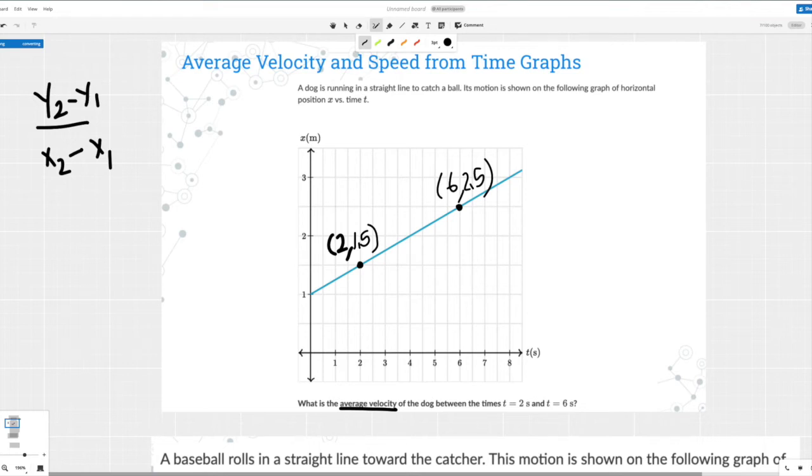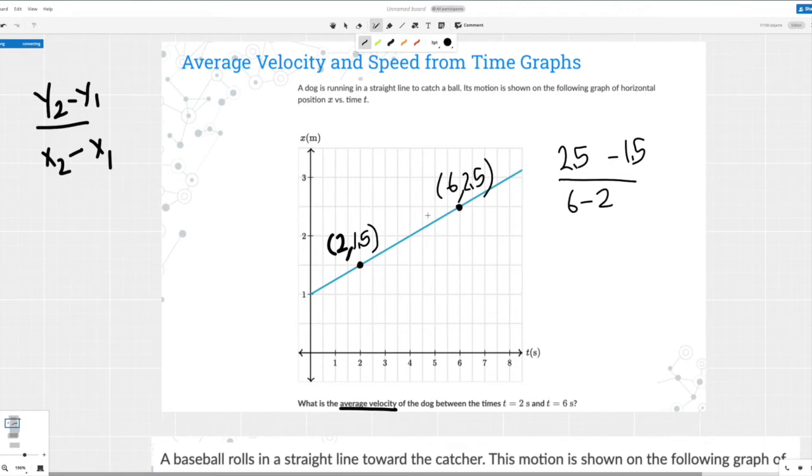So you're going to be figuring that out. y2 is going to be 2.5 minus 1.5, y1, over 6 minus 2, x2 and x1.